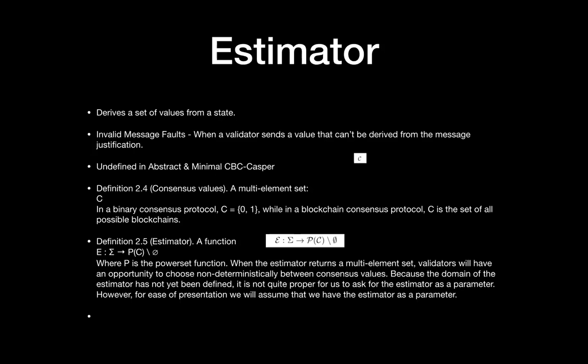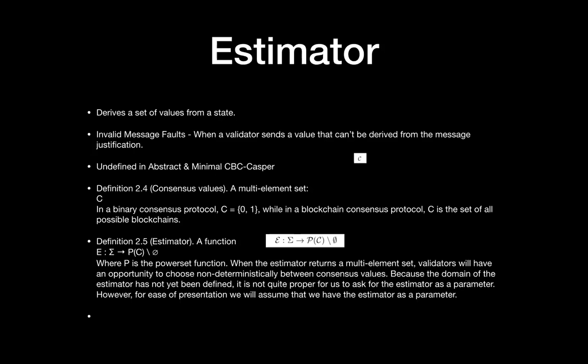You're just proposing valid blocks, for example, based on what others, or based on your justification so far. And that might be something different than just running the estimator on all blocks or all messages that you've seen.